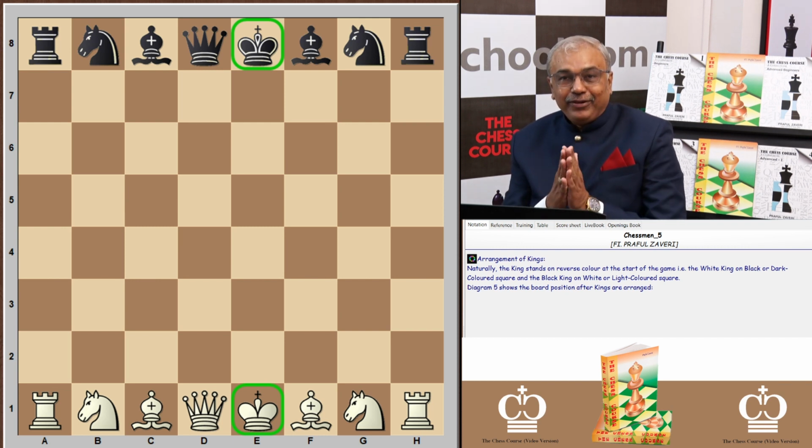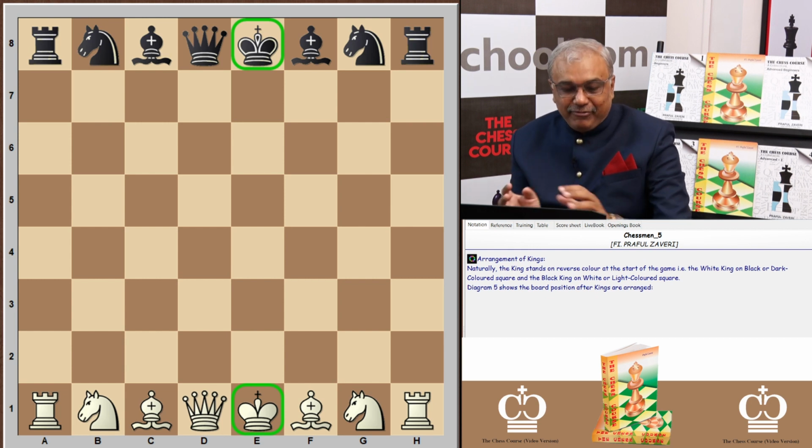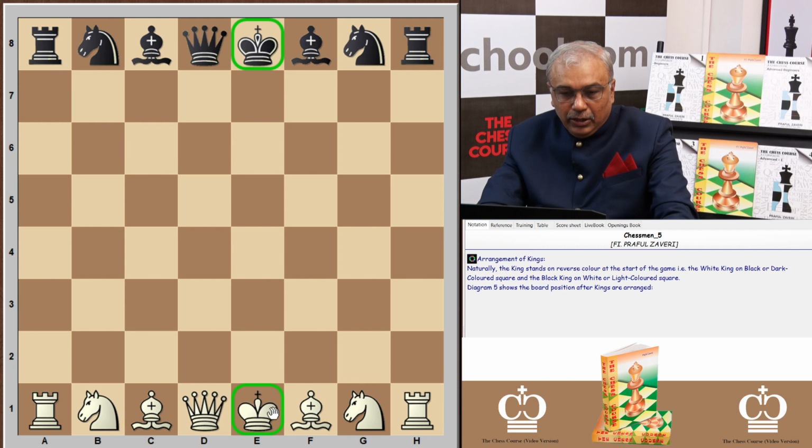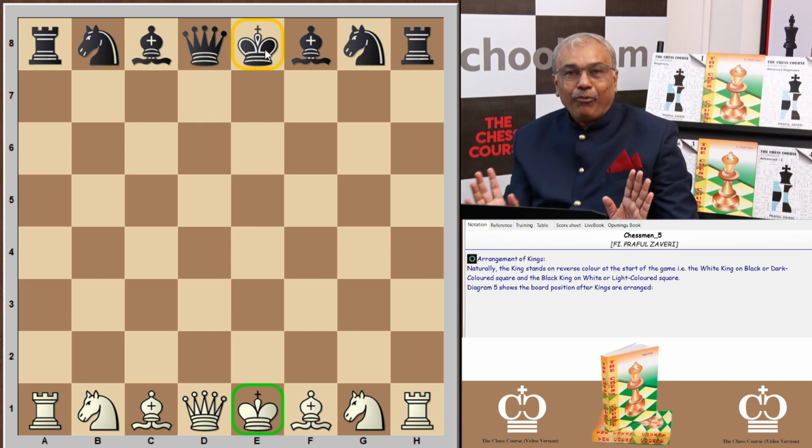So after arranging the king, we find that we have completed the first row. White king is on black color and black king on white color.